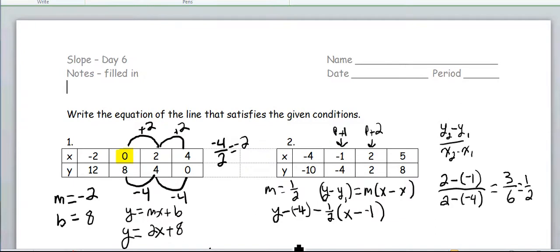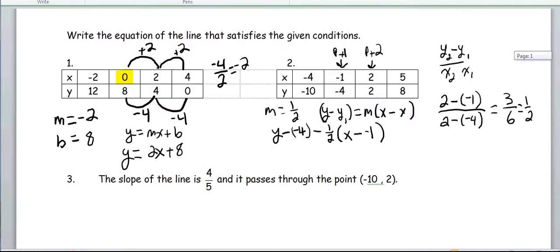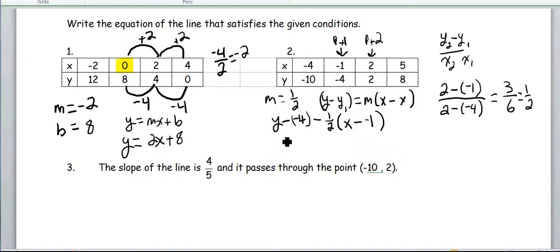Alright, so let's start working on our math here. So this is y plus 4 equals negative 1/2, now I'm distributing, negative 1/2 x. And remember, a minus negative makes this again positive.